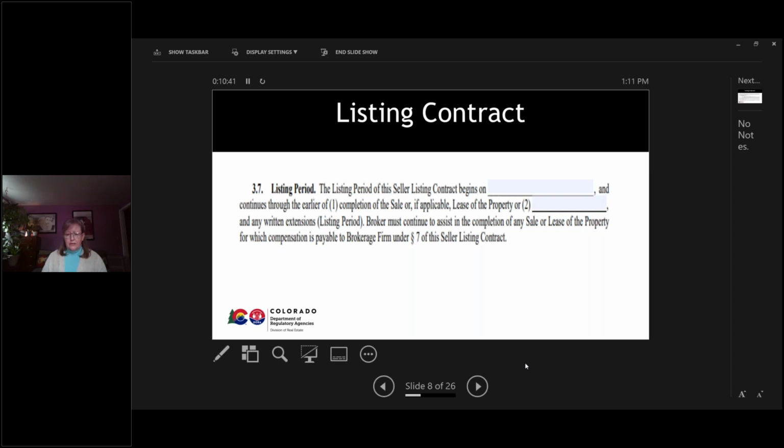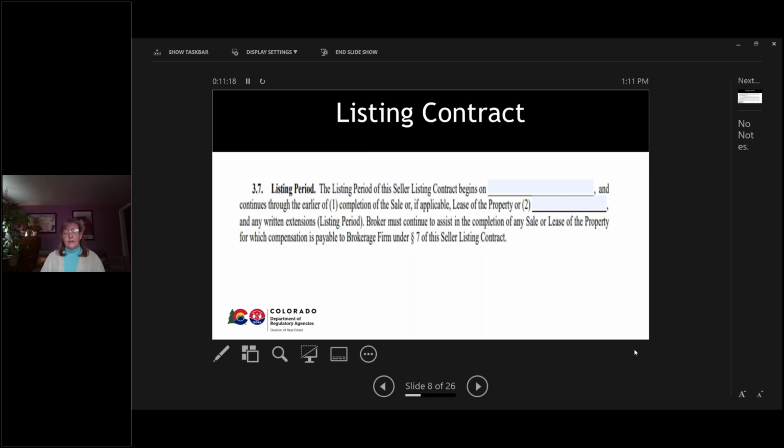And basically, just to gloss over those a little bit, those involve performing the terms of any written or oral agreement that they have with you as the client, presenting all offers in a timely manner, advising the client on the transaction and advising the client to seek expert advice beyond the broker's expertise, accounting for all money and property received in a timely manner, keeping the client informed, maintaining confidentiality regarding what you're willing to pay as a buyer or what you're willing to accept as payment as a seller.